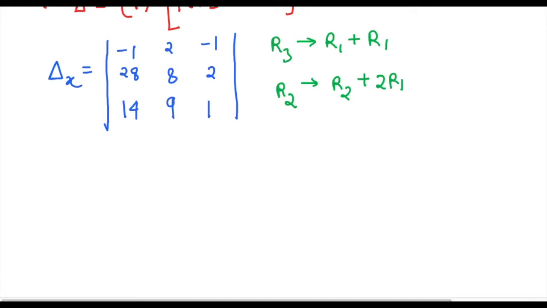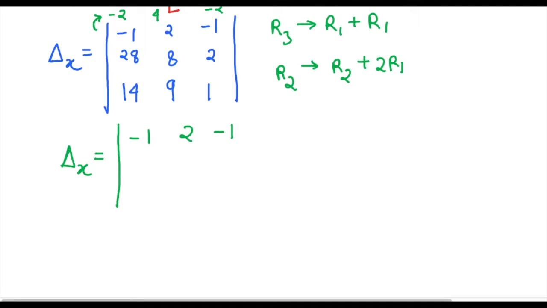So let's apply this step. The value of del x is: leave row 1, that is minus 1, 2 and minus 1, and with row 2 I will add twice of row 1. What is twice of row 1? Minus 2, 4 and minus 2.